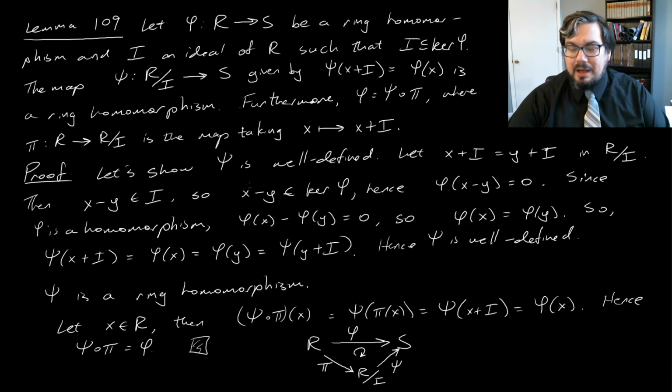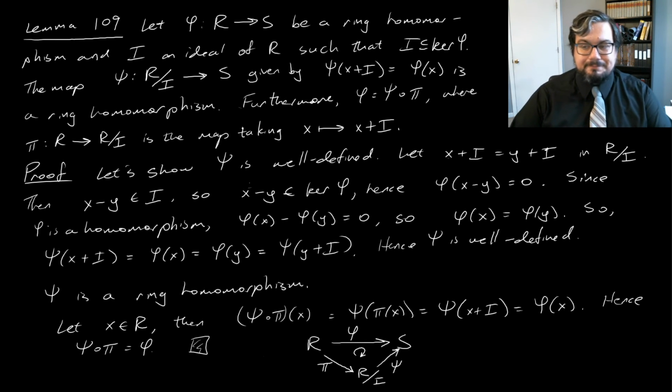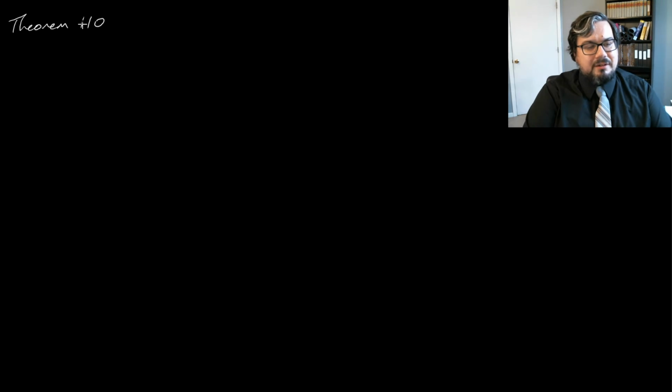Okay, so now that we have this, we're going to use this lemma to prove one of the most important results involving isomorphisms, and this theorem allows us to show that lots of rings are isomorphic to each other. And this is known as the First Isomorphism Theorem for rings, Theorem 110.